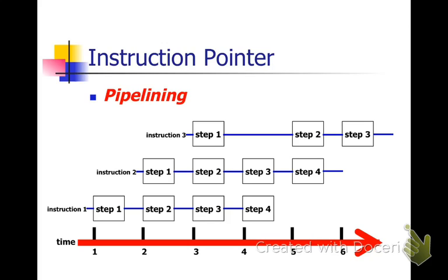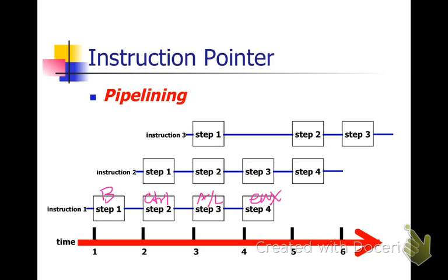So let's say I've got my first instruction. Step one, let's say we're using the bus. So I go across the bus, I pull this back and bring it to the control unit. Then I'm going to use the ALU and then maybe a register.